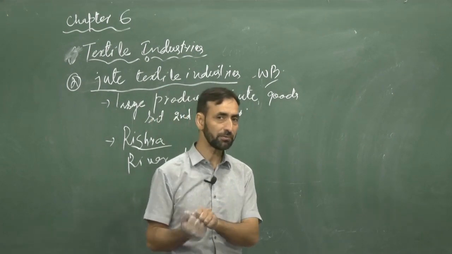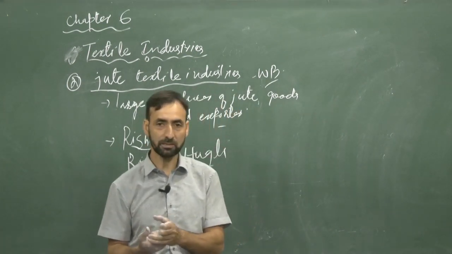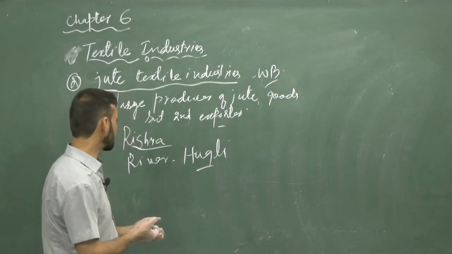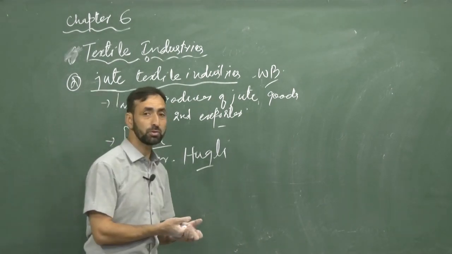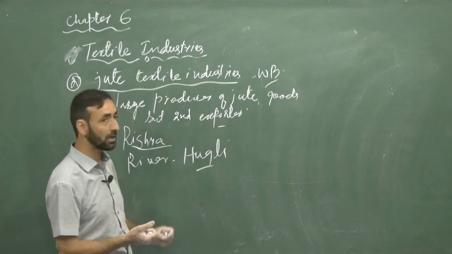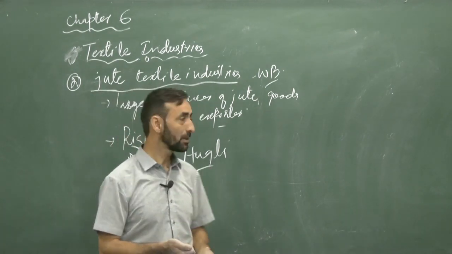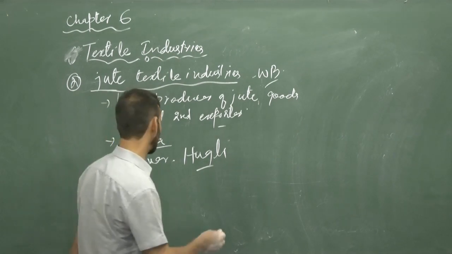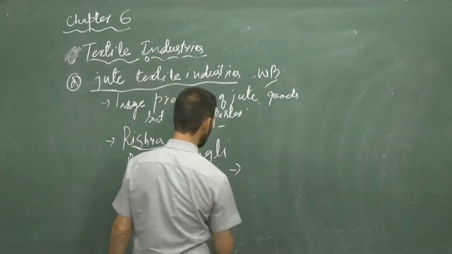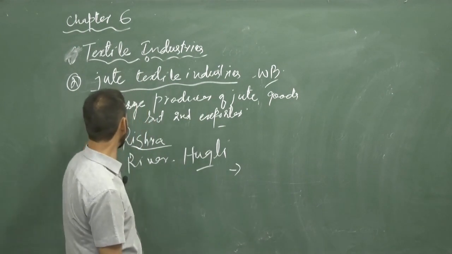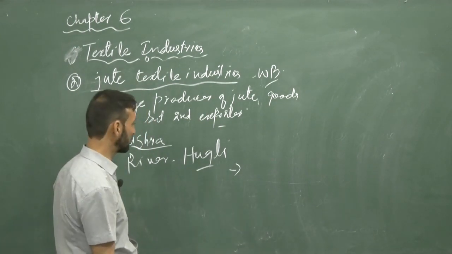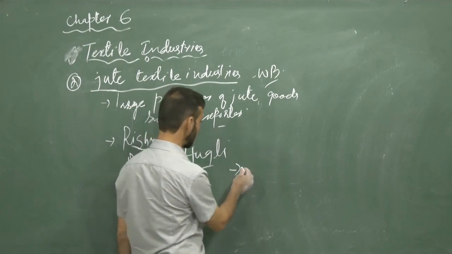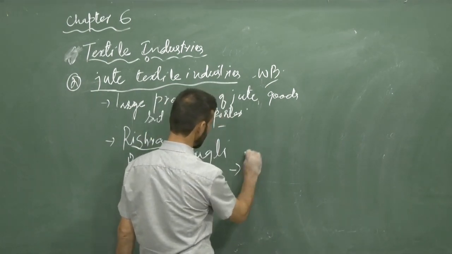Synthetic fibers are mostly used. These are some problems, and India does not have such sophisticated machinery that it can use good quality jute. These are some problems faced by the jute mill. And some most important points through which a jute mill can be established, as I already told you: availability of raw material should be there.